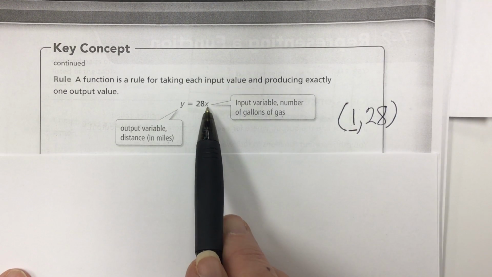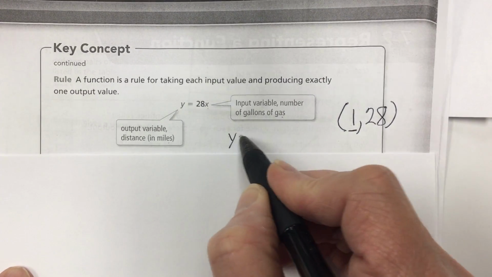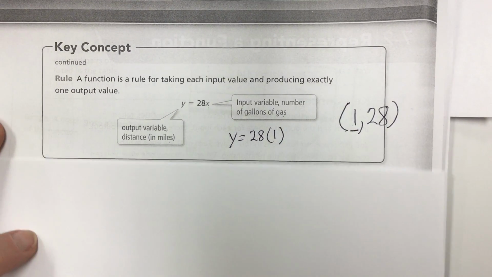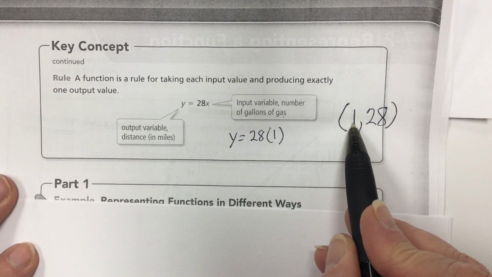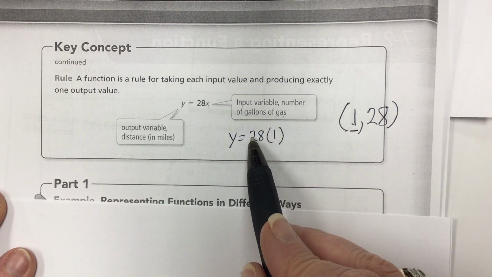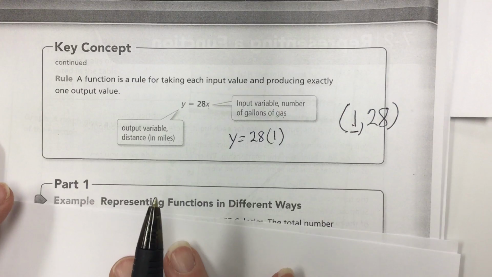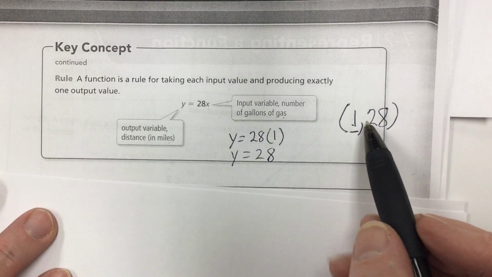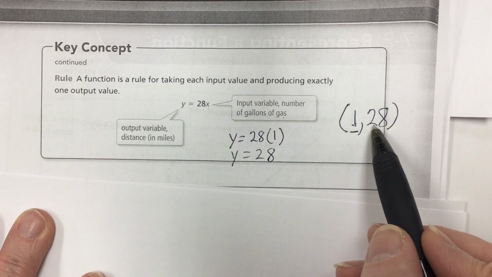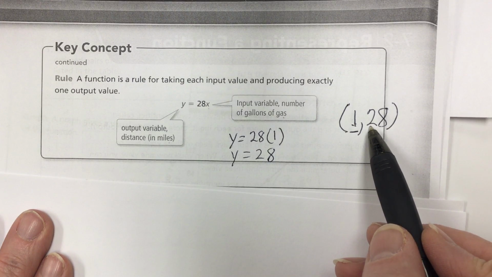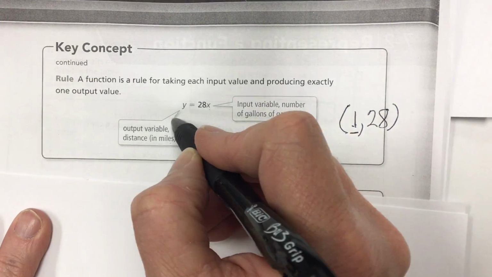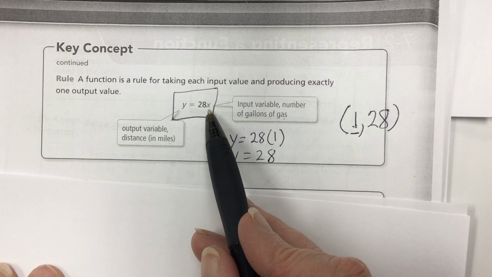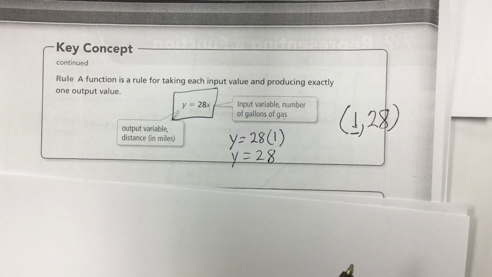So if I plug in 1 for x, I would have y = 28 times 1, 1 being the gallons of gas. What is 28 times 1? Well, 28 times 1 would be 28. Therefore, for every gallon of gas, I would get 28 miles. So therefore, my equation is y = 28x.